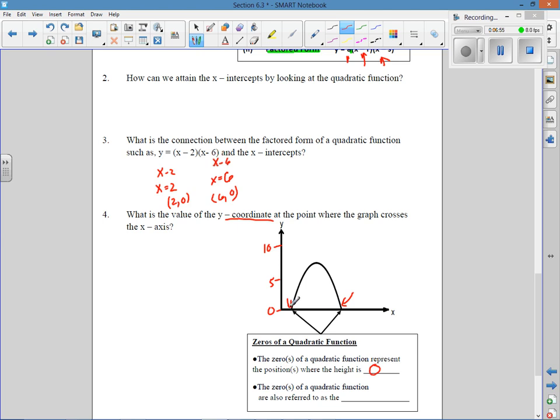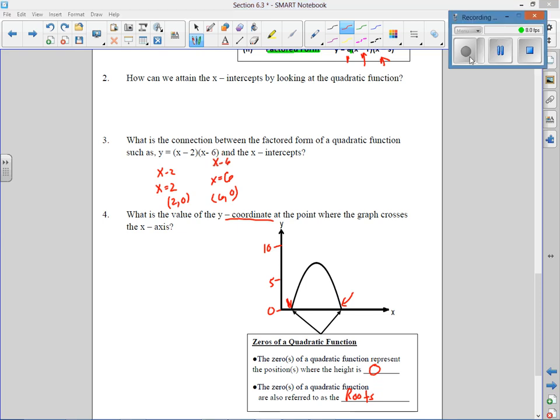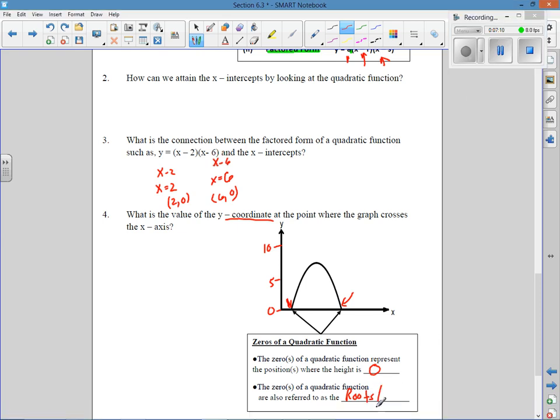So you're looking at where the graph is touching the x-axis. The zeros of a quadratic function are also known as roots, or x-intercepts.